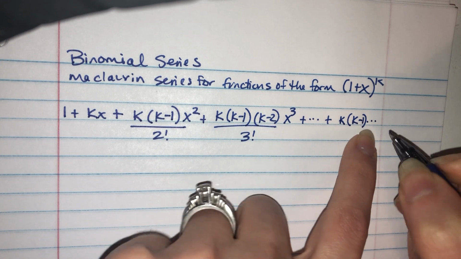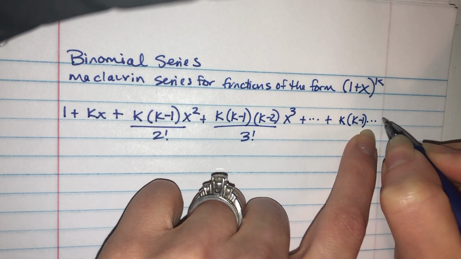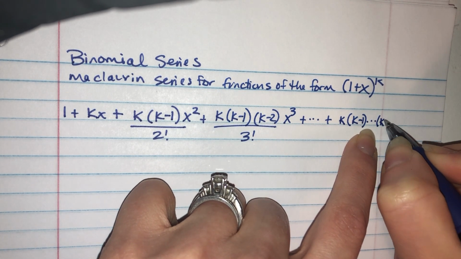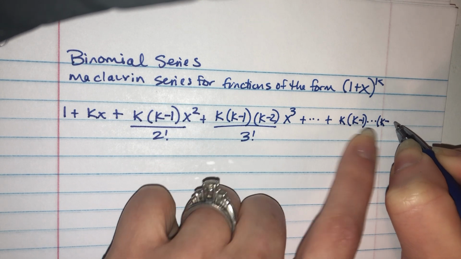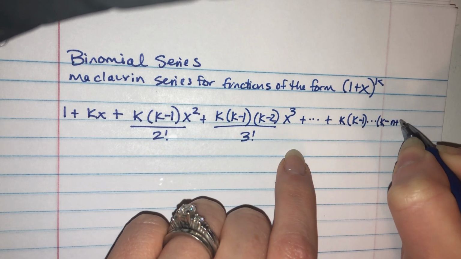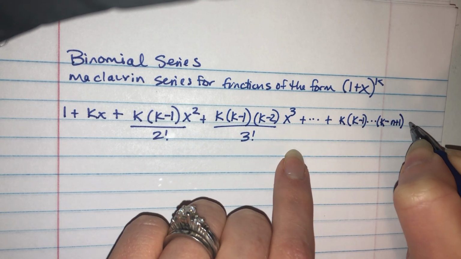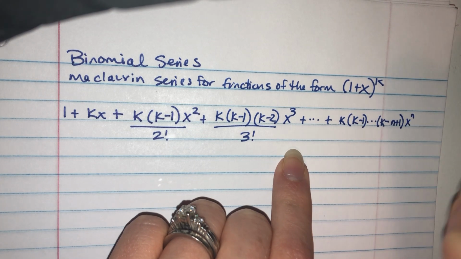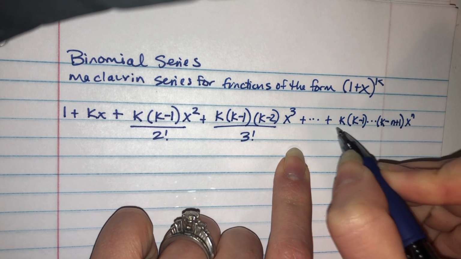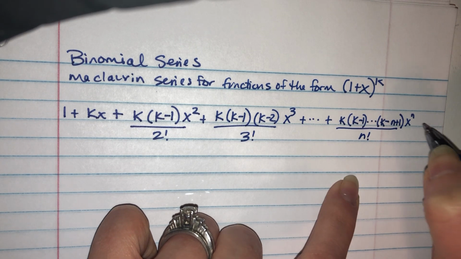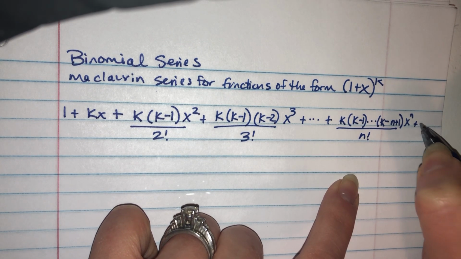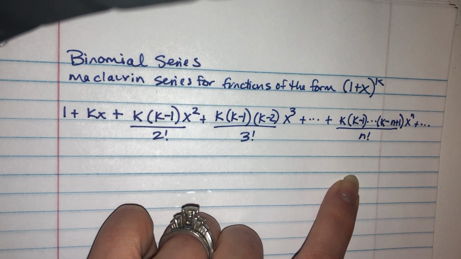This is kind of weird to have a dot dot dot in the term itself. k minus the quantity n minus 1 times x raised to the nth power over n factorial plus dot dot dot.